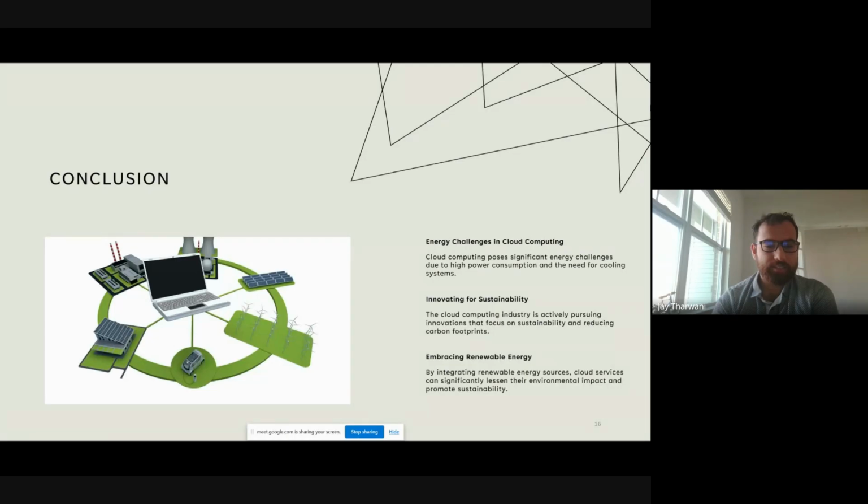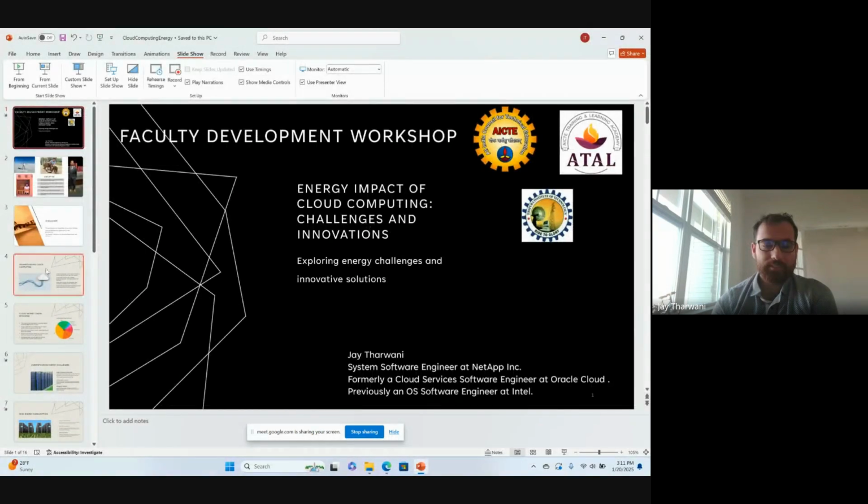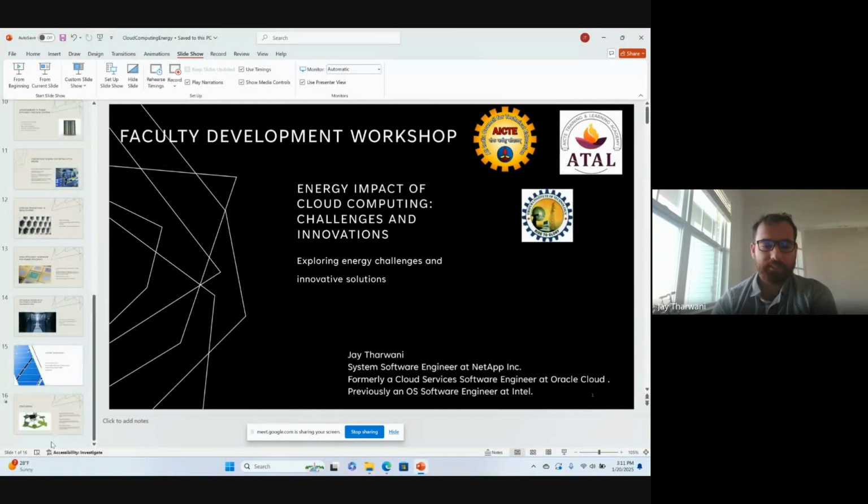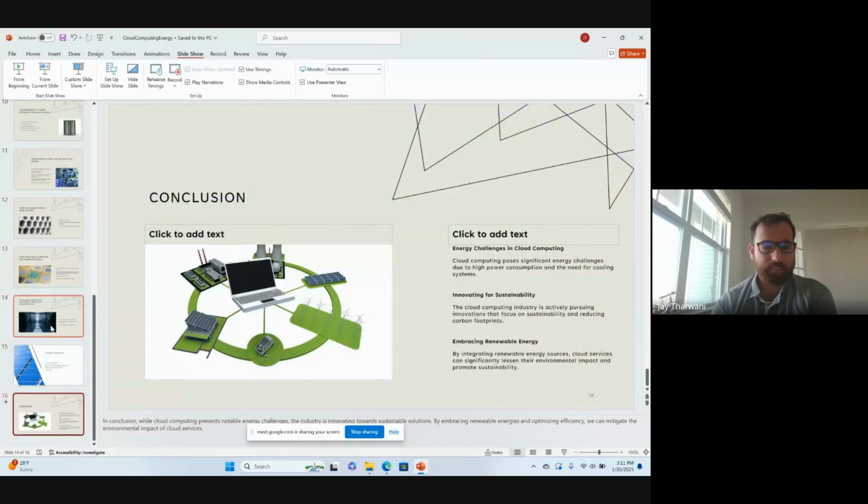It's a very interesting small picture, but it basically tells you what cloud computing is. It's basically renting out computers at the end of the day. So this wraps up my whole presentation.